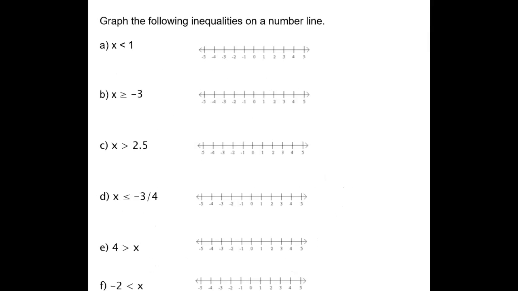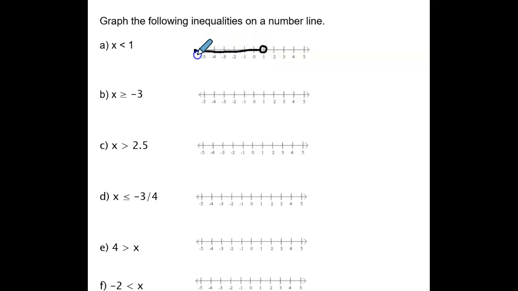Okay? All right. So now the visual of these solutions. So if it says graph x is less than 1, that means graph every number on this number line that's less than 1. I'm going to show you, we make an open circle around the 1, and we shade everything to the left. Now, why is that?